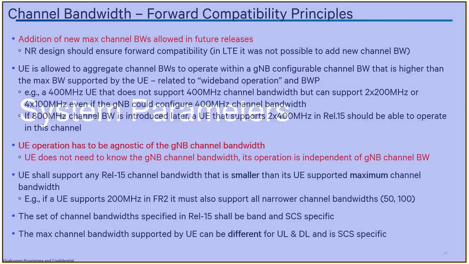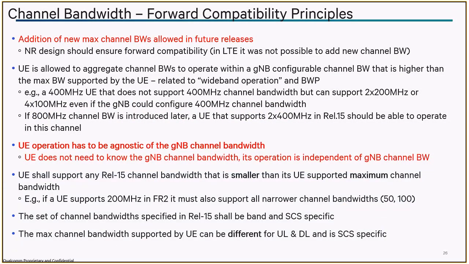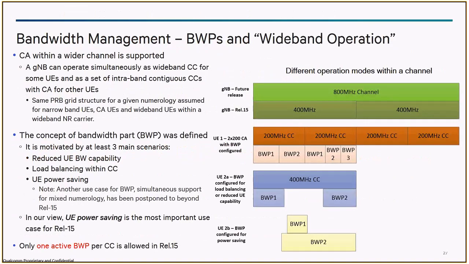So we were earlier talking about bandwidth part. This is a better slide to elaborate on that. So for example, we were talking of N77, which is almost a 900 megahertz channel. Now that 900 megahertz channel could be divided by the eNodeBs into, say, 400 megahertz parts.